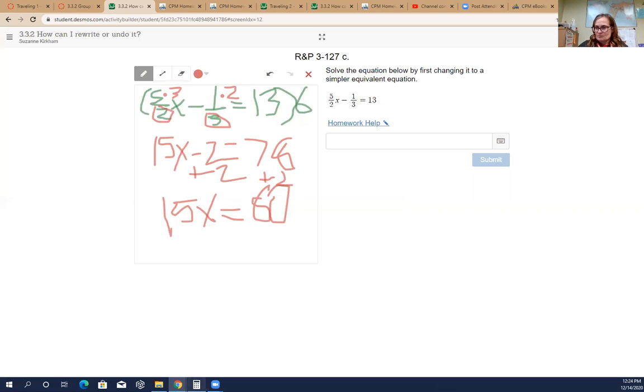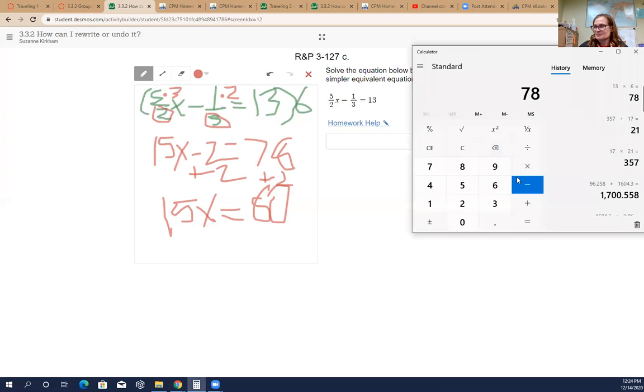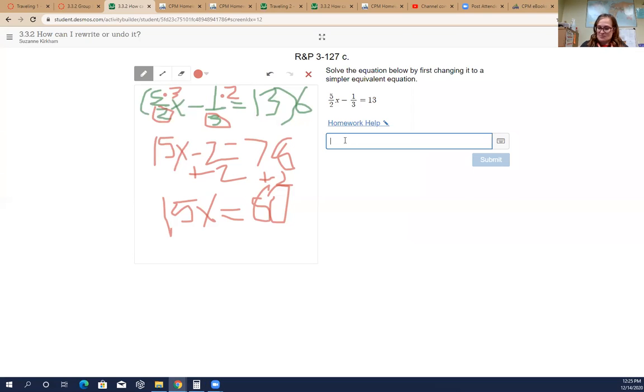It's super close. 80 divided by 15 equals 5 1/3. So x equals 5 1/3.